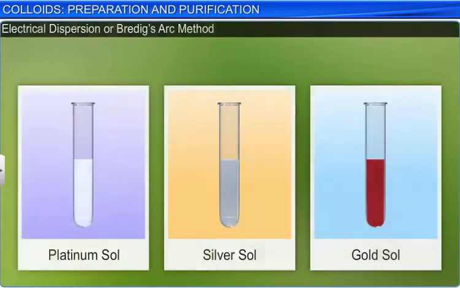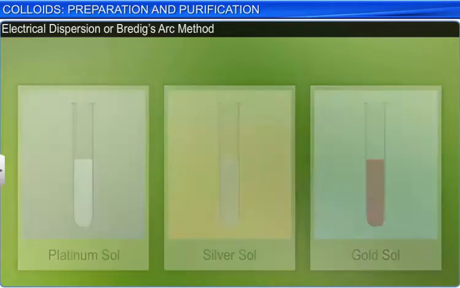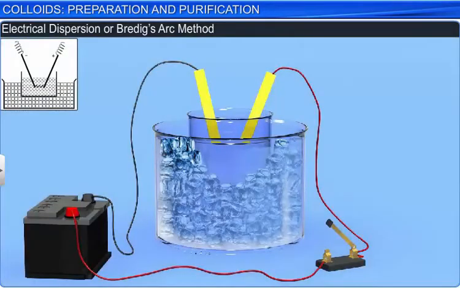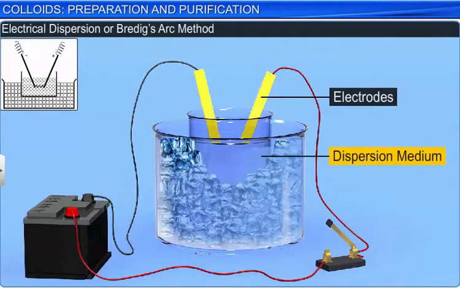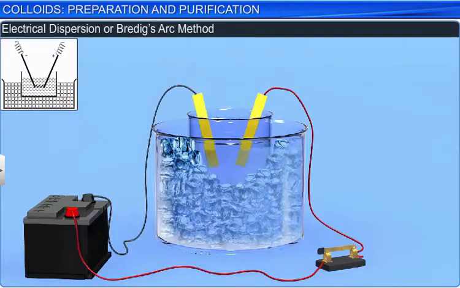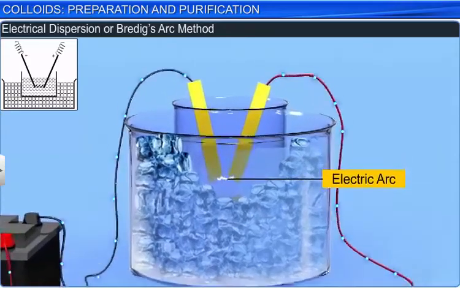This method is commonly used to prepare colloidal solutions of metals such as platinum, silver, and gold. In this method, two electrodes of the metal whose colloidal solution is to be prepared are immersed in the dispersion medium, and an electric arc is struck between the electrodes.